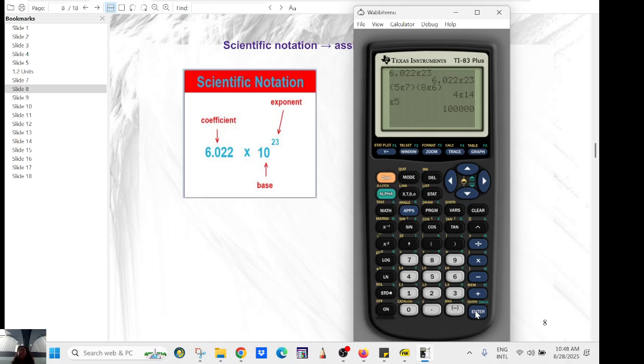Okay, if the exponent is negative, that means your number is smaller than 1. So for example, if you have 3 times 10 to the negative 2, you have to use that negative here, that will be 0.03. Okay?